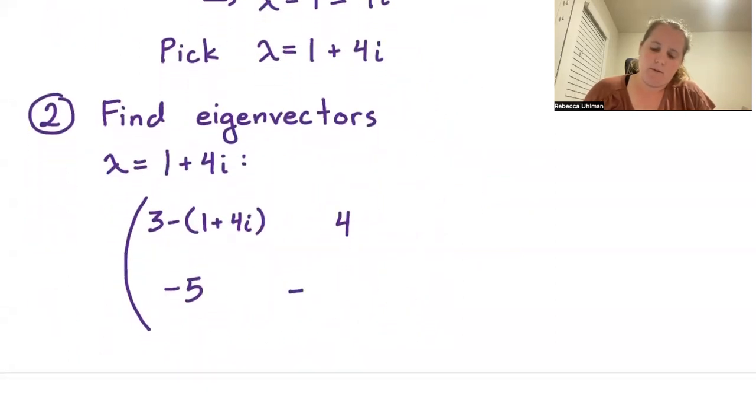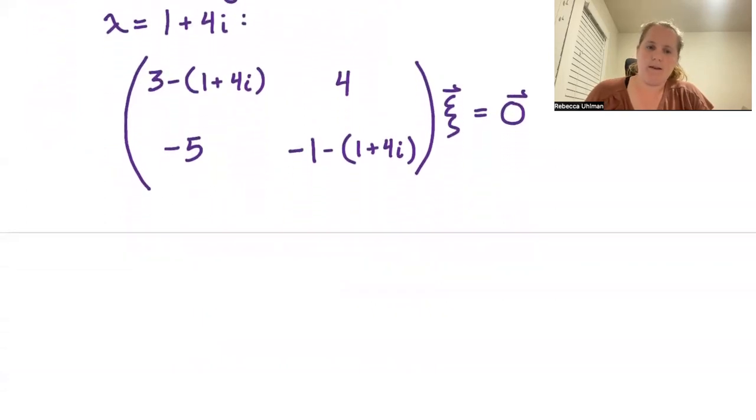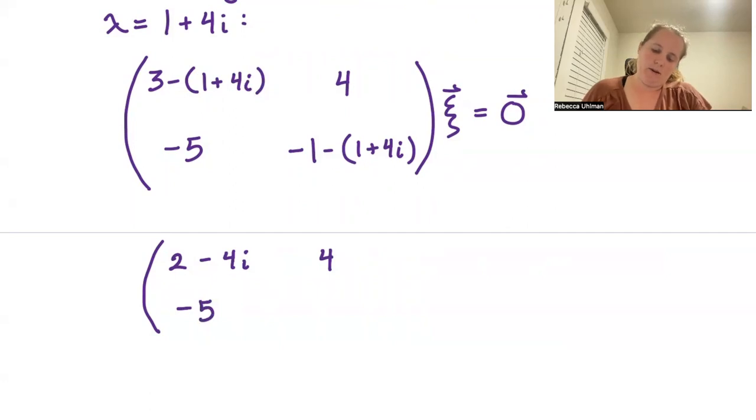So we have -1 minus, in parentheses, 1 plus 4i. All of this multiplied by psi should equal the 0 vector. So we are looking at 2 minus 4i, and then 4, and -5, and then this would be -2 minus 4i. Then our augmentation is 0, 0.